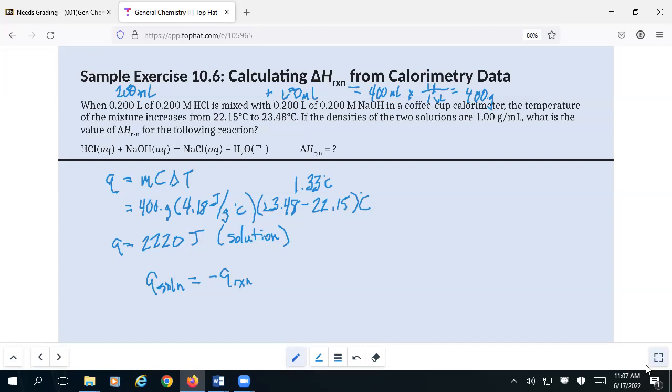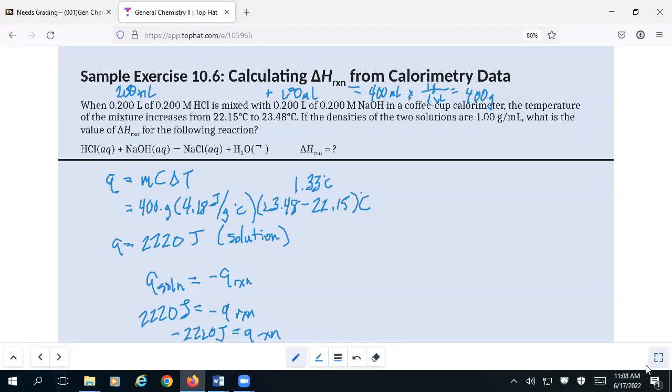And so it's the same idea. So that being said, if our heat of solution is 2,220 joules, and that is the opposite of the heat of reaction, then negative 2,220 joules would be the actual heat of reaction.